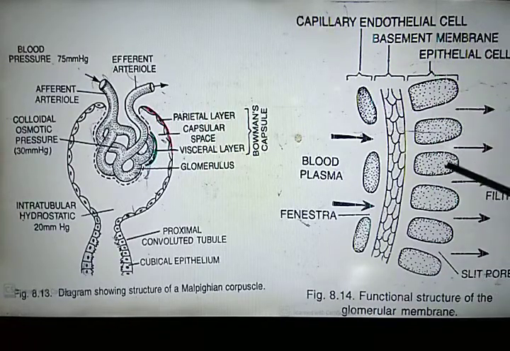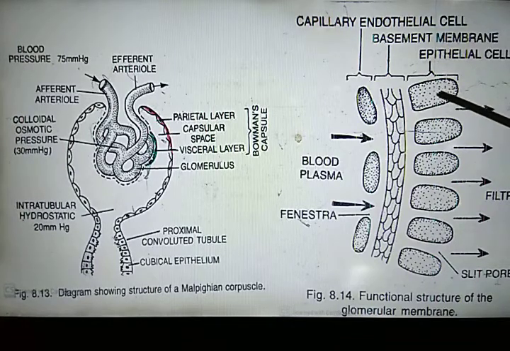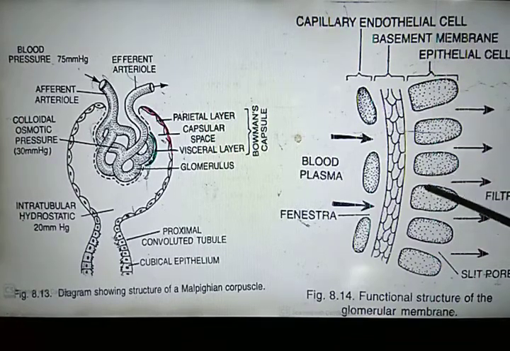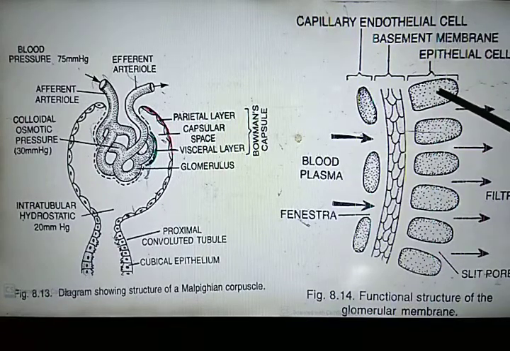The visceral layer of Bowman's capsule is made up of epithelial cells, which are known as podocytes. So the visceral layer of the Bowman's capsule, or you can say inner layer, is made up of epithelial cells, and these epithelial cells of the visceral layer are known as podocytes.